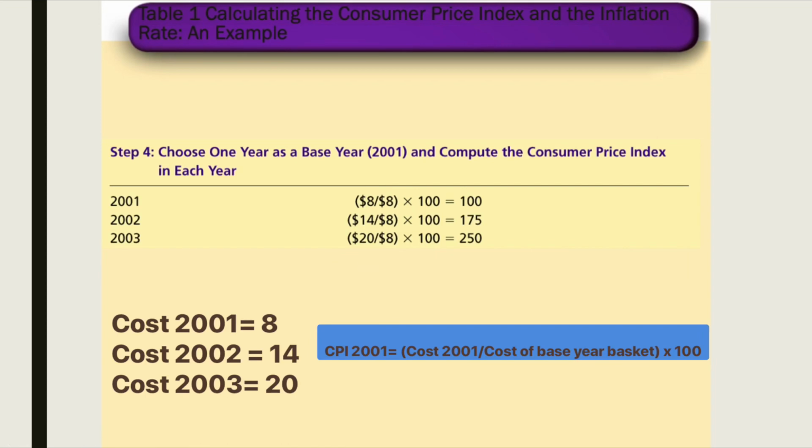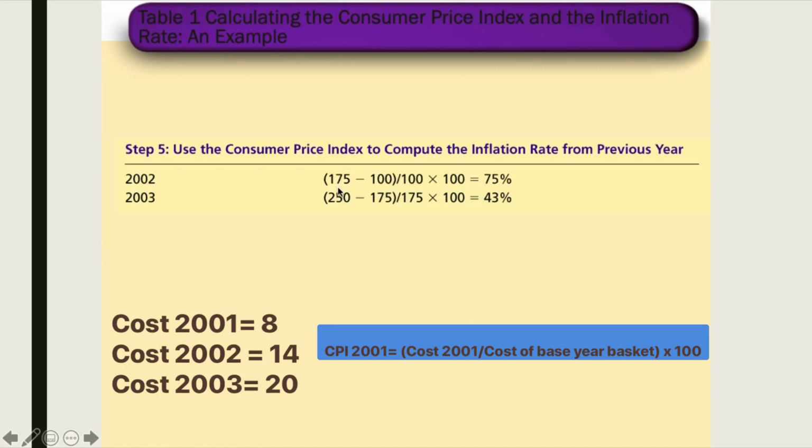Now that you have the three CPIs, you can think of them as the GDP deflator. And if you recall, in the deflator method, we said that the growth rate of the deflator gave us the inflation rate. Similarly, in the consumer price index method, the growth rate of the consumer price index gives you the inflation rate. And the formula was (y2 minus y1) over y1 into 100. So current year minus the previous year divided by the previous year into 100.